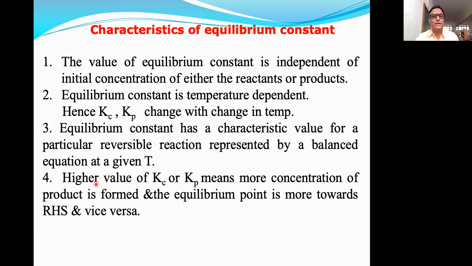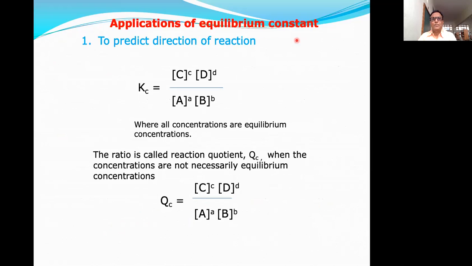And the last point is given as higher value of Kc or Kp means more concentration of product is formed and the equilibrium point is more towards the right hand side, and vice versa. Is it clear? So these are the characteristics of equilibrium constant. Okay, thank you.